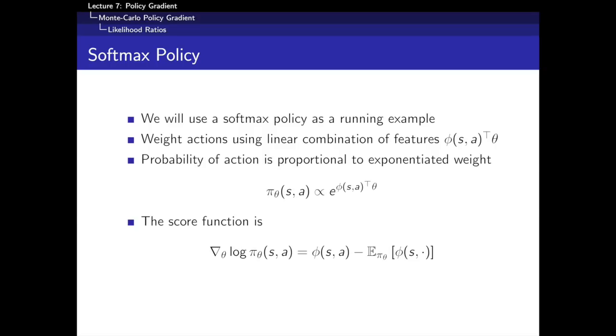So it's basically saying, how much more of this feature do I have than usual? And that's the score function. And so what we'll see is when we start to do these policy gradient algorithms, what we'll actually end up doing is saying, if a feature occurs more than usual, and it gets a good reward, then we want to adjust the policy to do more of that thing.